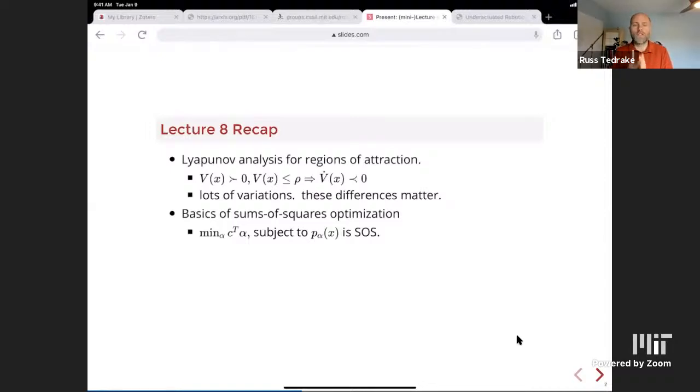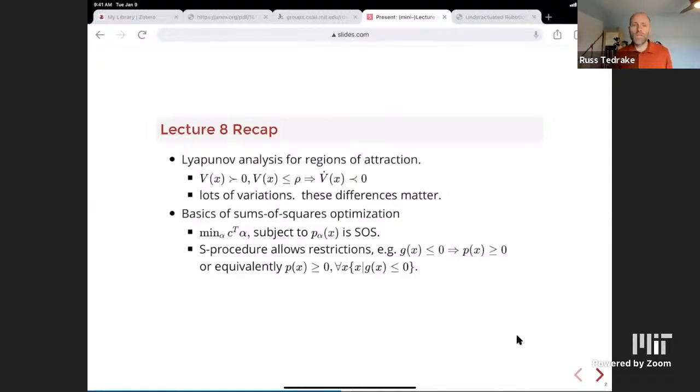The coefficients of a polynomial enter linearly, and those are the places where you can put your constraints. We'll see the different formulations. Some of them you can't optimize both the level set and the controller at the same time, for instance, because they end up multiplying. Sometimes with some tricks, you can move things around and get things to go through, and we'll talk about a few examples.